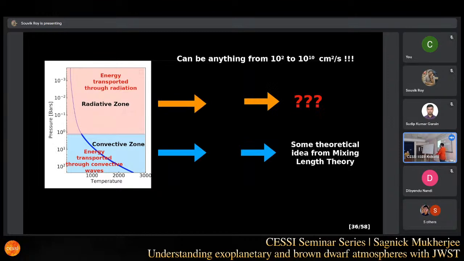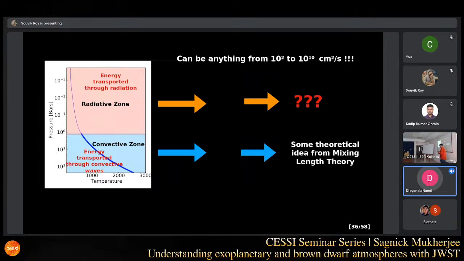We practically do not know what the Kzz value should be, even from theory, in the radiative zone. It is typically assumed to be anything between 10 to the 2 and 10 to the 10, which makes Kzz uncertain by 8 to 10 orders of magnitude. This parameter, the dynamics parameter, is perhaps the most uncertain parameter in the entire field of exoplanets and brown dwarfs.